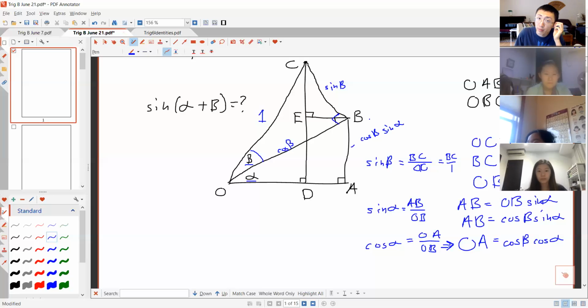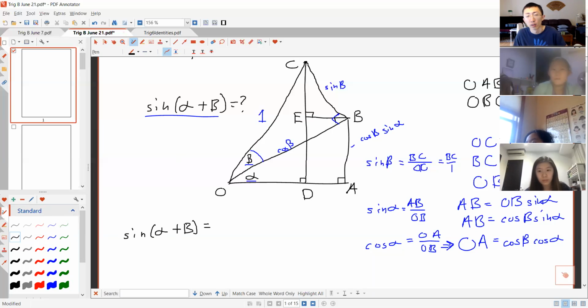Okay, so then what would the thing we're looking for, sine of alpha plus beta, be in the diagram? CD. Yeah, so it's CD over OC, and OC is just 1.